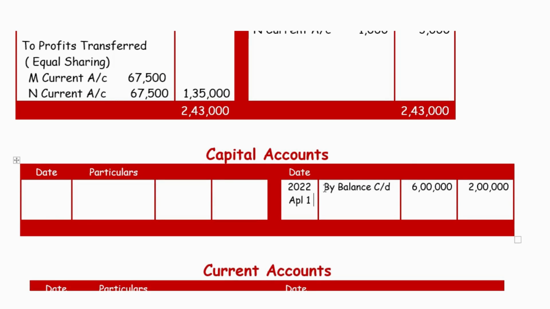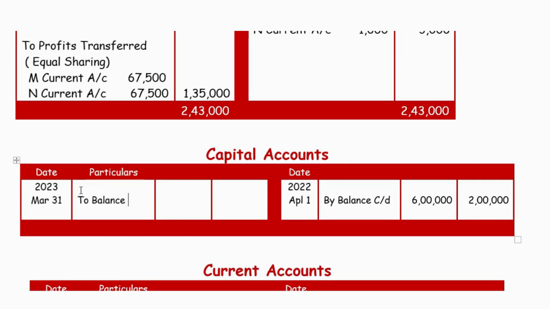So only one entry is to be recorded in the capital account, and this entry becomes the closing entry also. It is to balance carried down, and the same amounts, 6 lakhs and 2 lakhs.